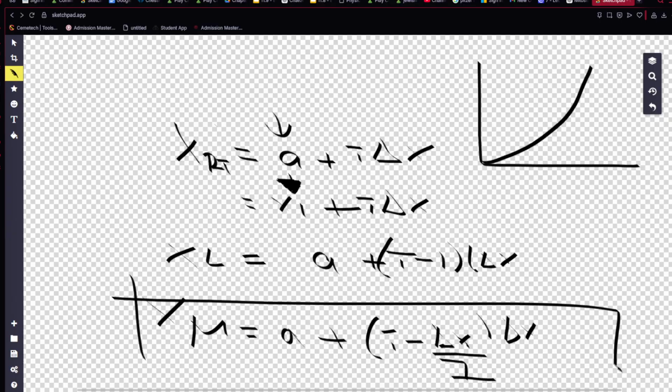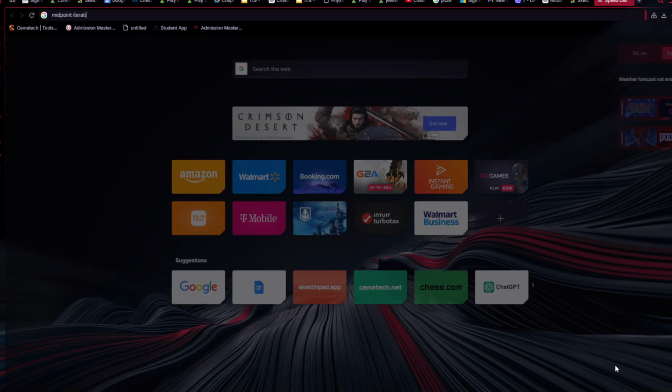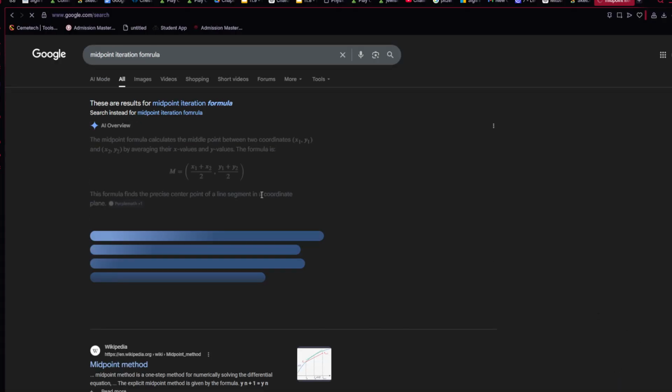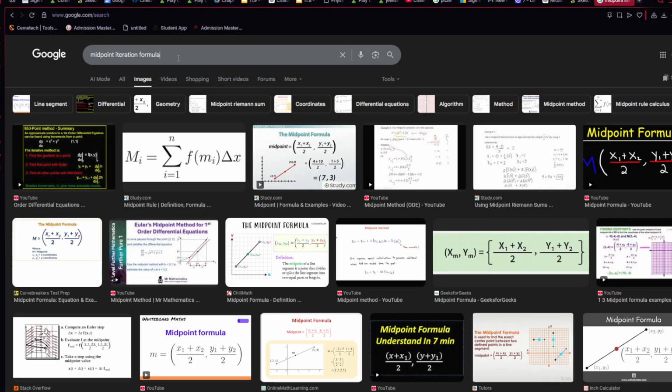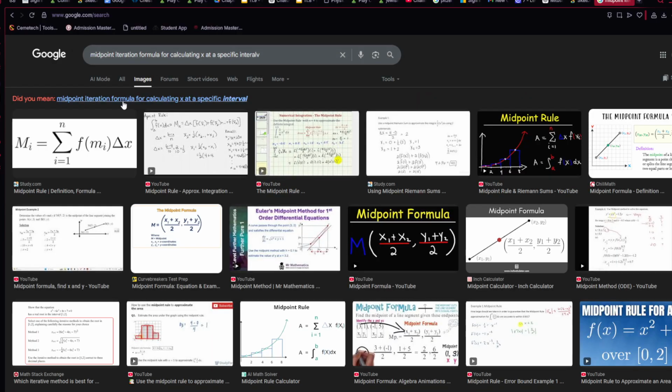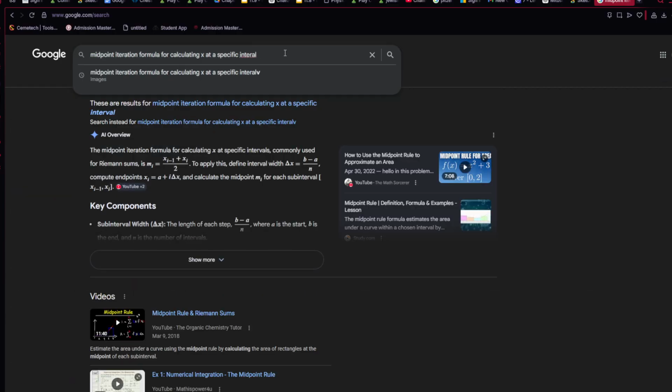Let me search it up just to make sure. Midpoint iteration formula. Well, yes, but midpoint iteration formula for calculating x at a specific iteration. I think it should be right.